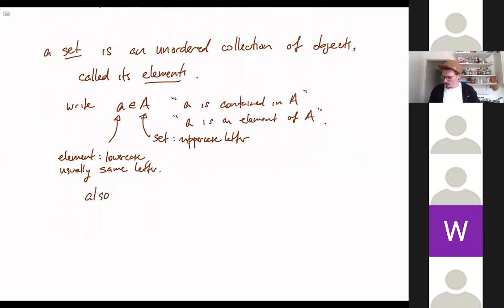Also, if you put a strike through it, this means little a is not in big A. So it's not an element in this set.